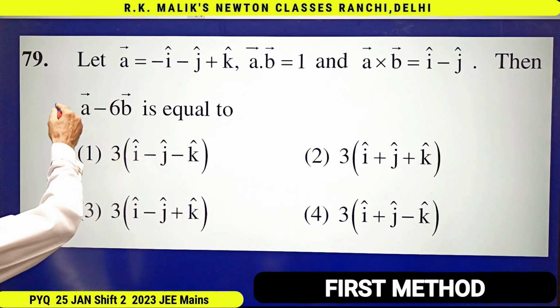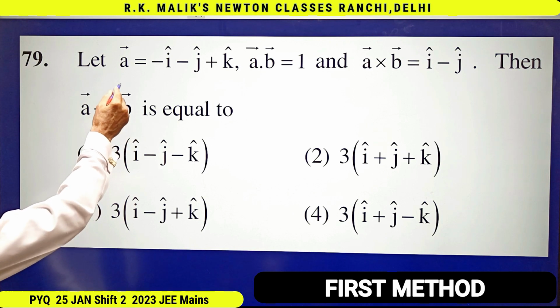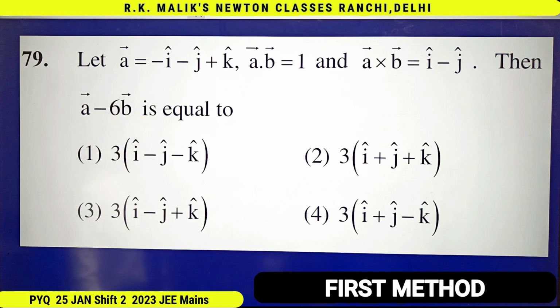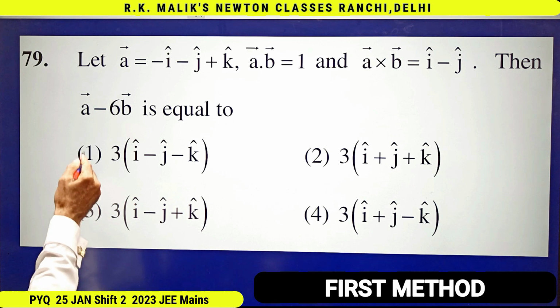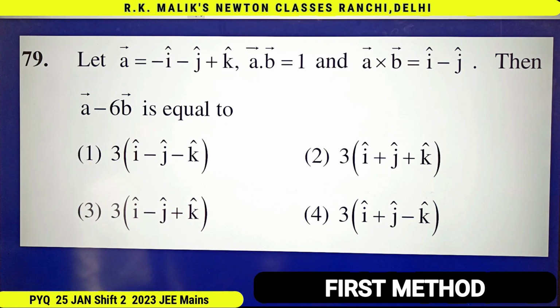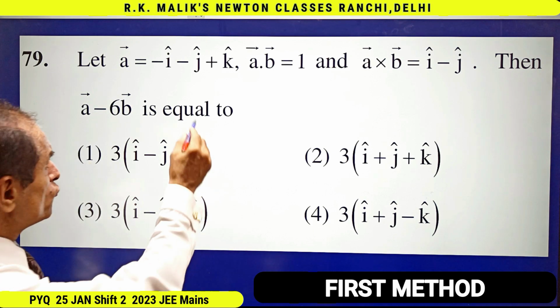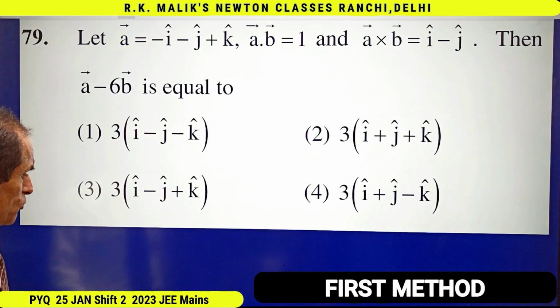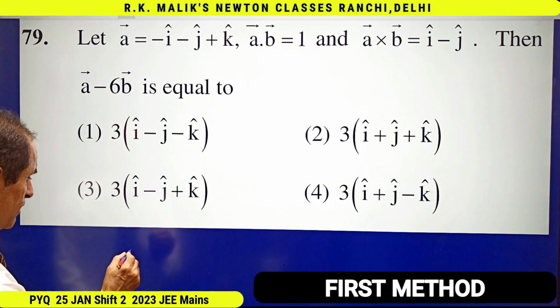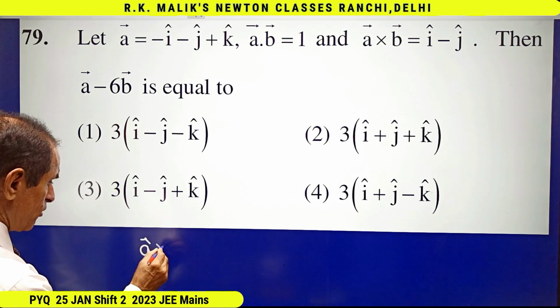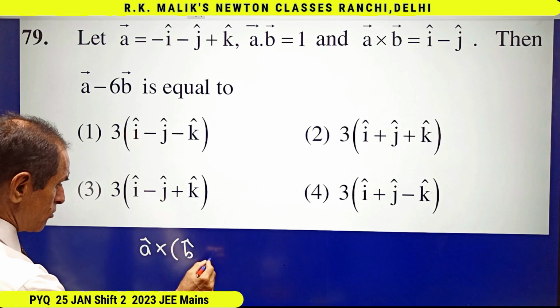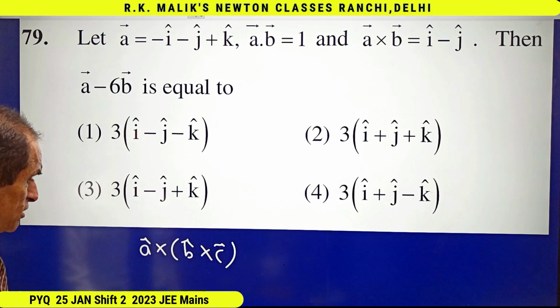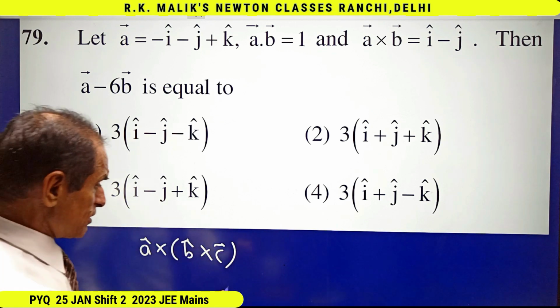As we have to find the value of A minus 6B and vector A is already known to us, we just have to find the vector B only. And to find the vector B, we'll be using these three informations. Before I do this question, I would like you to know this formula, A cross B cross C, that is vector triple product.